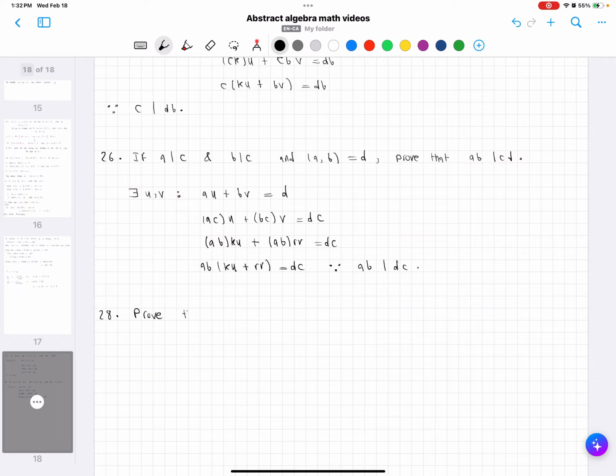So prove that a positive integer is divisible by 3 if and only if the sum of its digits is divisible by 3.